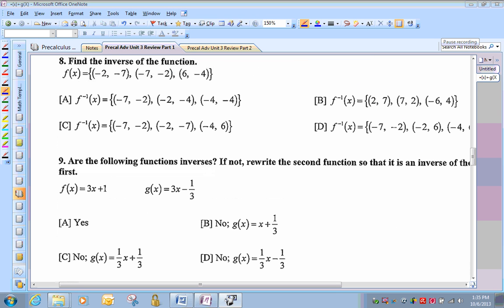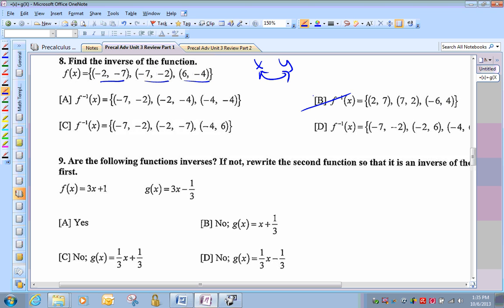All right, now we're moving into the inverse functions. We have a function with ordered pairs -2, -7, -7, -2, and 6, -4. If we want the inverse of that, you should know you're going to take your x and your y values and swap them. So instead of -2, -7, you should see a -7, -2.